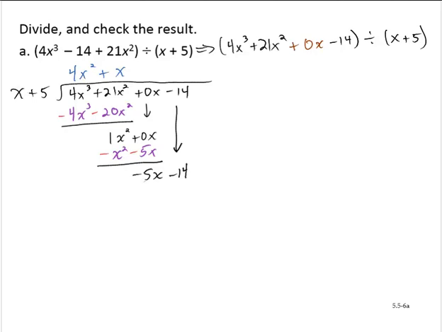x divides into negative 5x, a negative 5 times. Multiplying back yields a negative 5x and a plus 25. Subtracting by changing the signs.